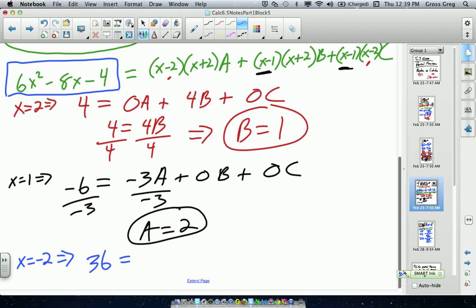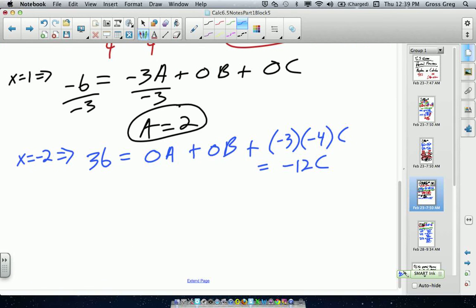The negative 2 will make it 0a and 0b. And over here, I'm getting negative 3 times negative 4, because negative 2 minus 1 is negative 3 and negative 2 minus 2 is negative 4. So I get negative 12c. Set that equal to the 36 and divide by negative 12. So c is going to equal negative 3.